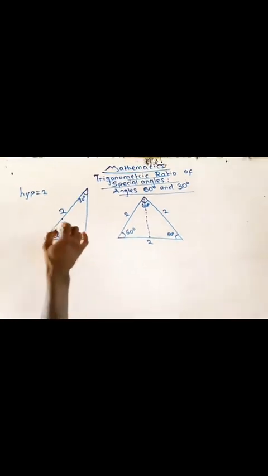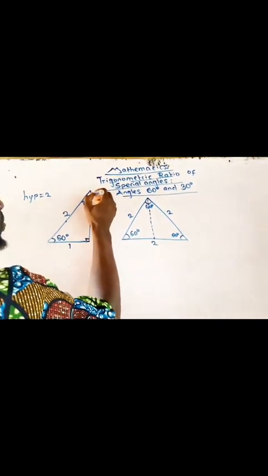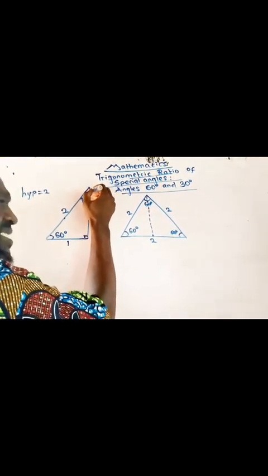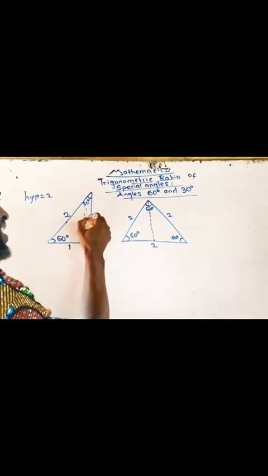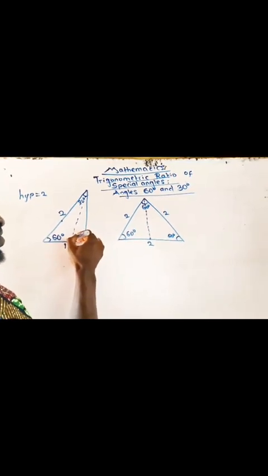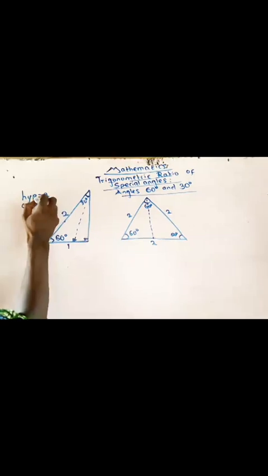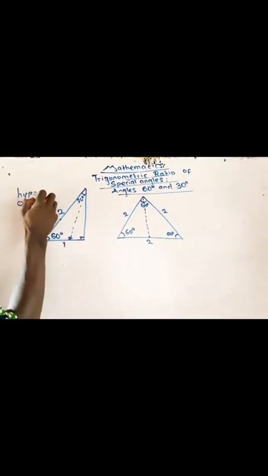Then the angle under consideration. In our previous video, we told you that the side that is directly opposite or facing the angle under consideration is the what? The opposite. Here, the opposite is 1.